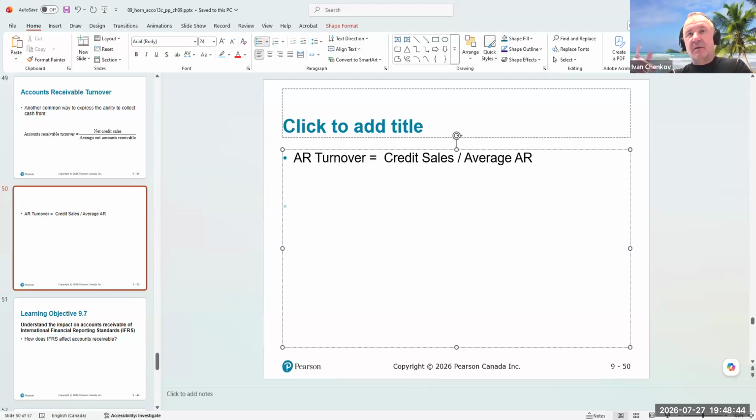Let's pretend that the number is 1. For some reason, we come up with an accounts receivable turnover equal to 1.